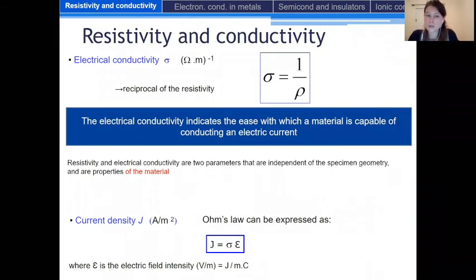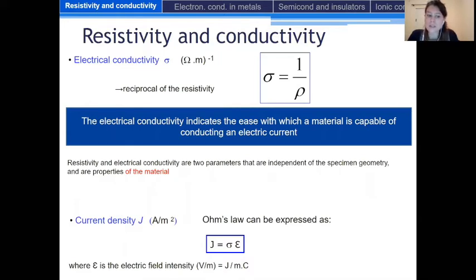So we can also define another useful parameter, which is the electrical conductivity, which is the reciprocal of the resistivity. So its unit is ohm meter inverse, or Siemens per meter, and the electrical conductivity indicates the ease with which a material is capable of conducting an electric current.